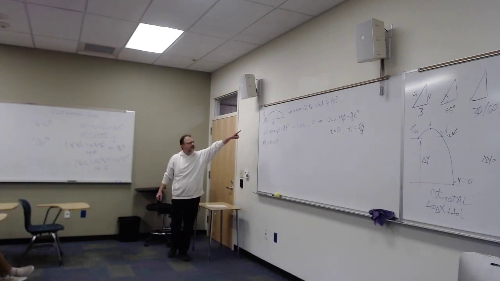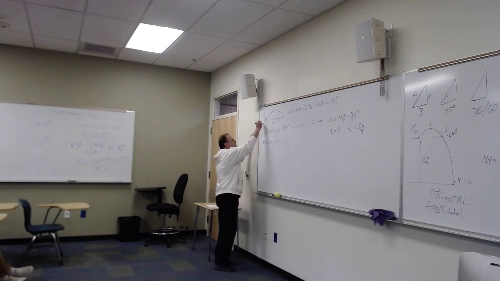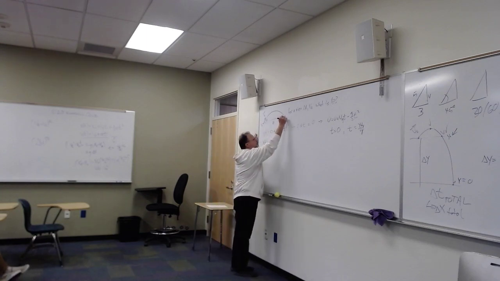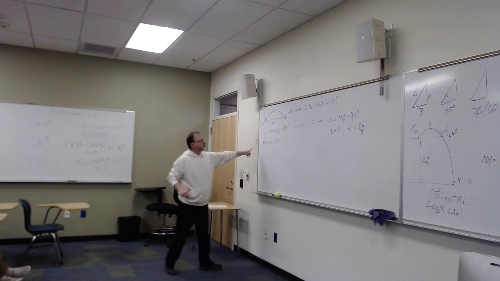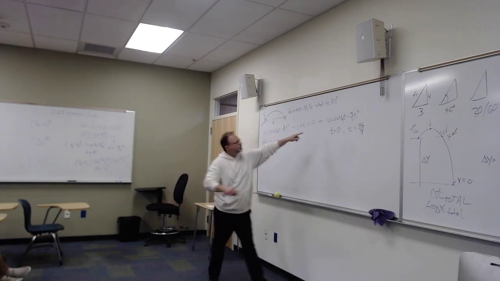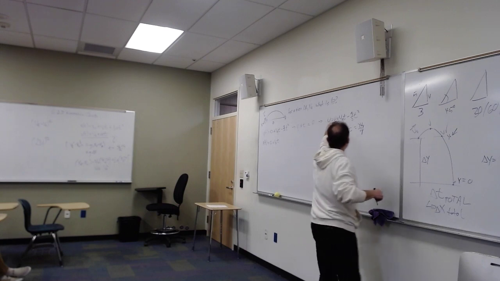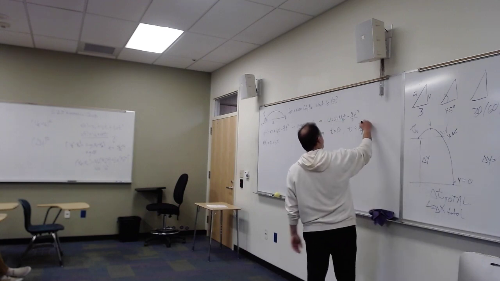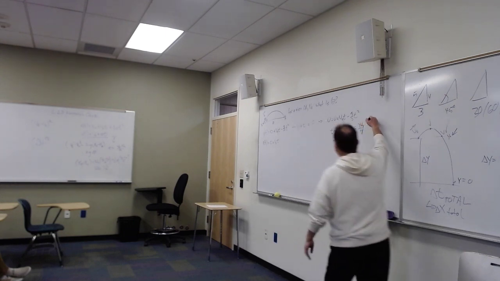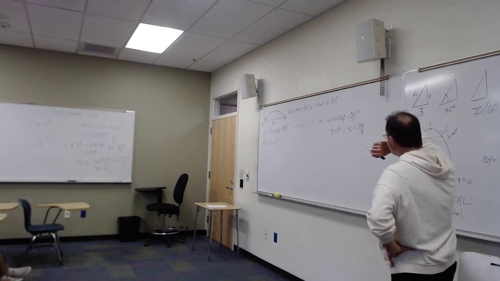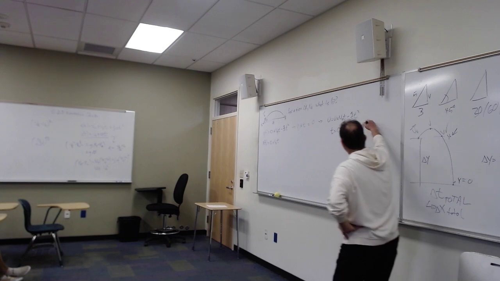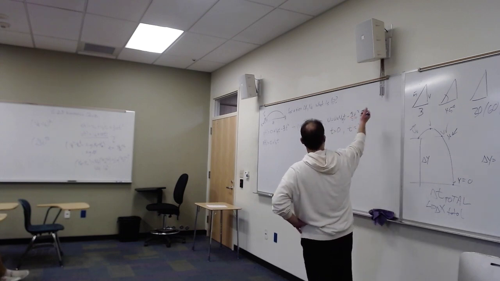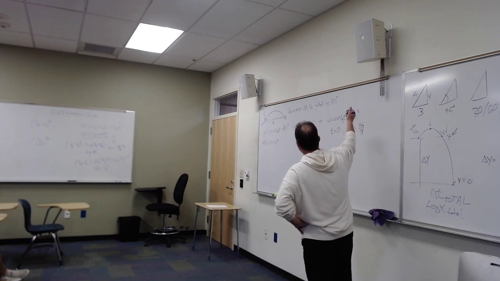Again, we've used the fact that we know our initial y and we know our final y. Y final is 0, y initial was 0. This makes it easy because it's not even a quadratic equation.